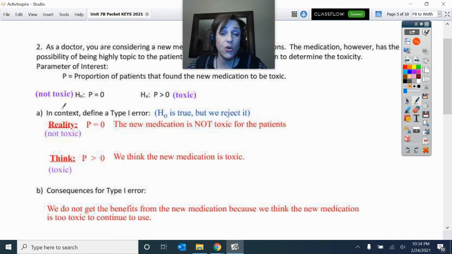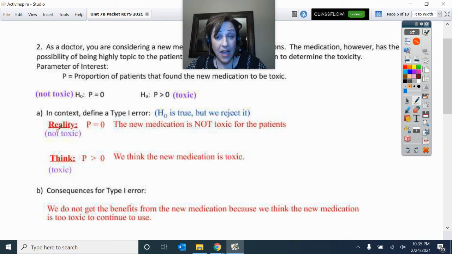Okay, type 1 error: the null is really true, but we get a sample that causes us to reject. So the reality is that the medication is good to go and is not toxic for the patients.